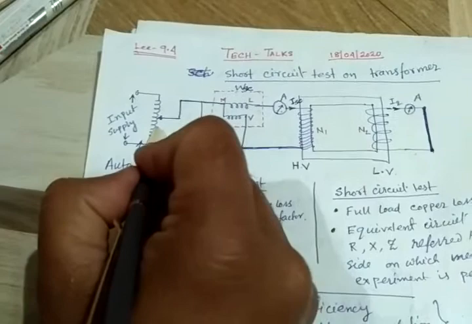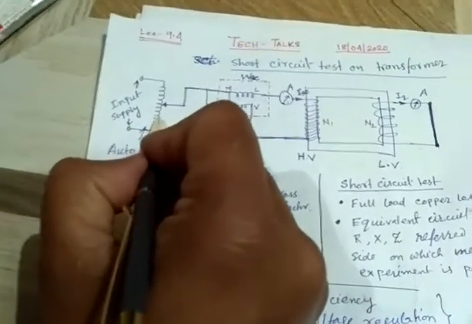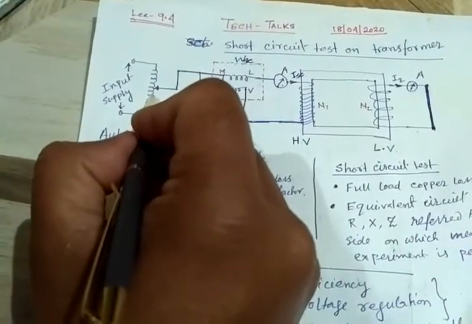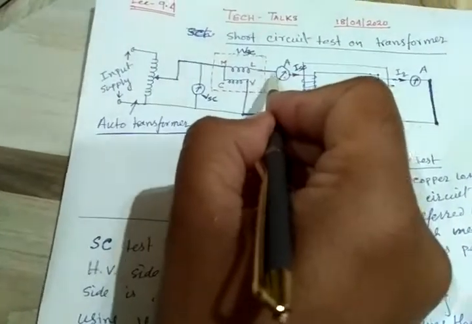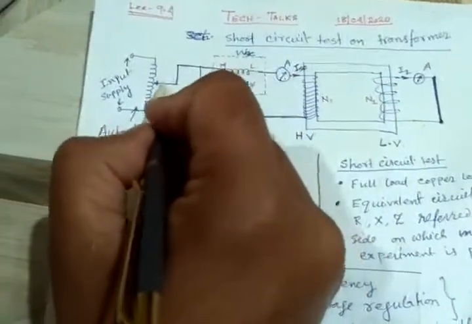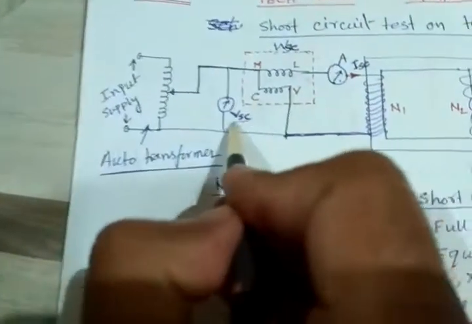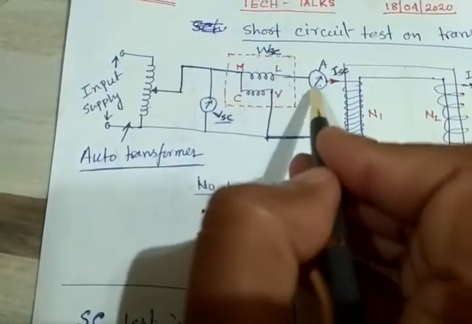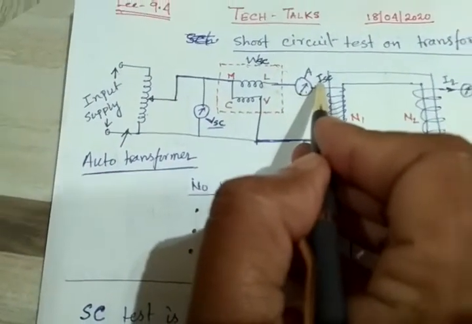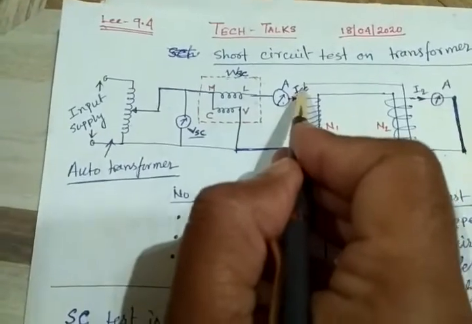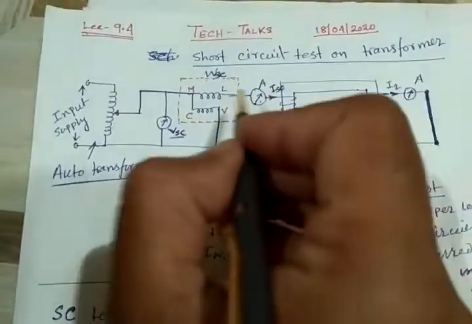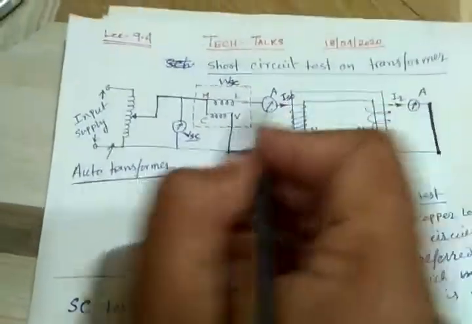as we start from very low voltage and keep on increasing this voltage, this current will increase. At some voltage we will get VSC, at which the current in the primary side will be ISC, that is the rated current, that is in this case for our example suppose 100 ampere. So we stop there.